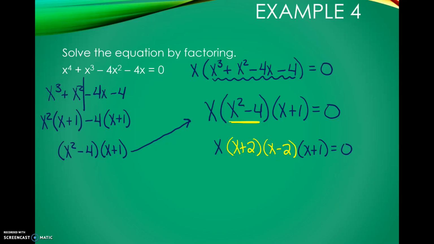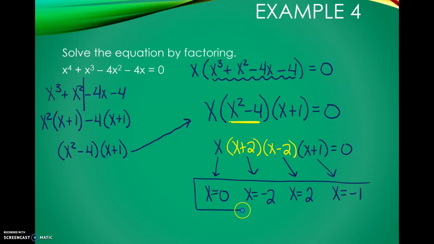There are 4 solutions here. X is going to give us the solution of 0. X plus 2 gives us a solution of negative 2. X minus 2 gives us a solution of 2. X plus 1 gives us a solution of negative 1. There are 4 solutions because we started originally with x to the fourth.